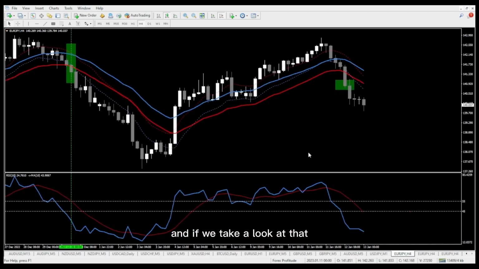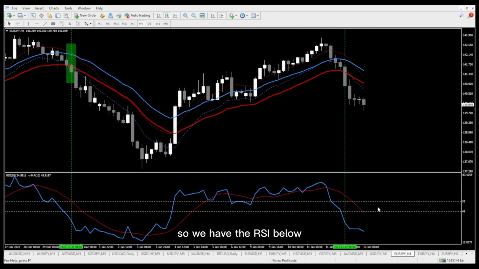And if we take a look at the current candle, this current signal, this is the most recent signal that we have. This is also going to give us that opportunity to take a short trade. Now, at the close of this candle, we're going to see that it has closed below this red 20 EMA. And if we look down along this vertical line, we're going to see that at the close of that candle, the RSI also is below that 45 level.